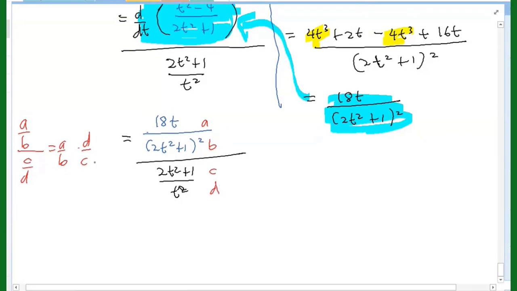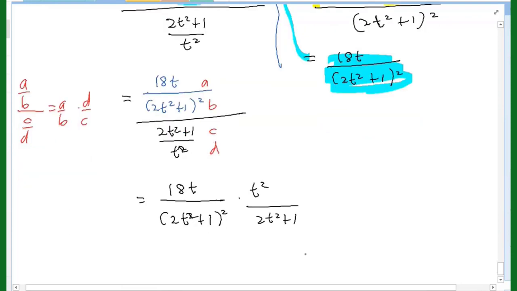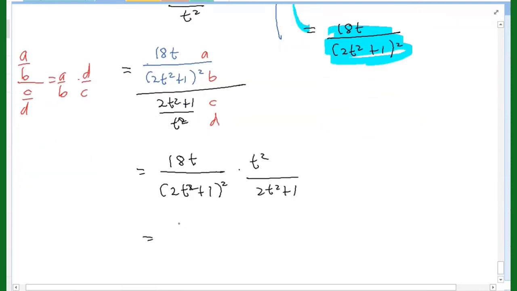And then 18, okay, make sure to check: 18t over (2t squared plus 1) squared times t over (2t squared plus 1). Okay, simplify again. 18t cube over (2t squared plus 1) cube.